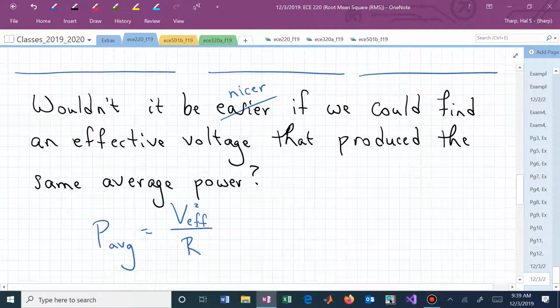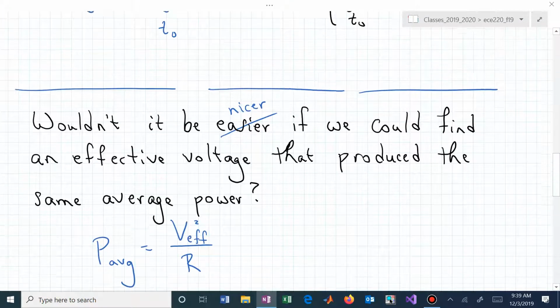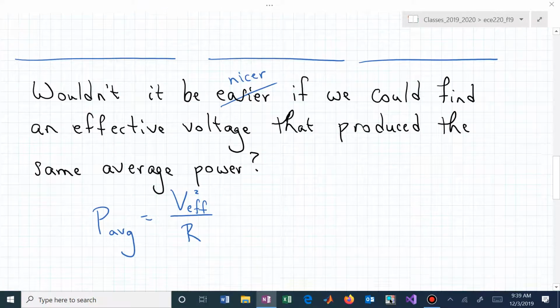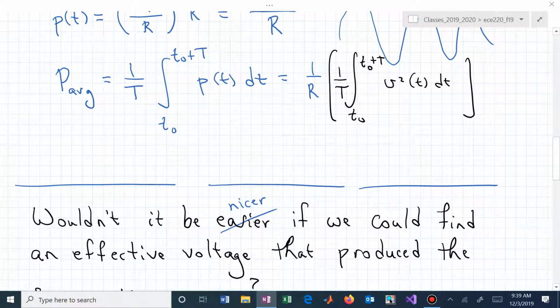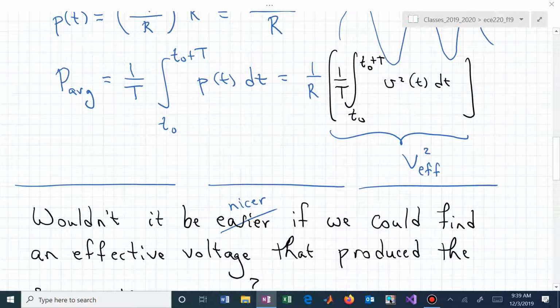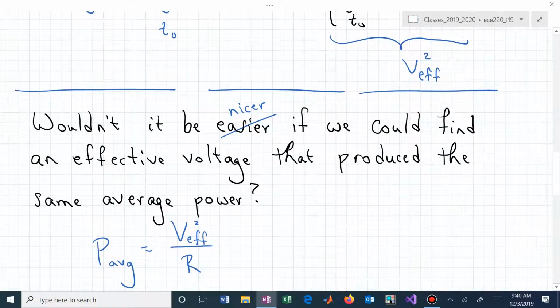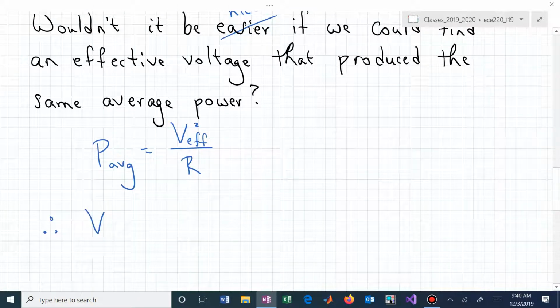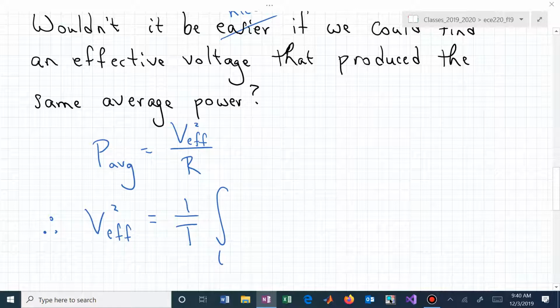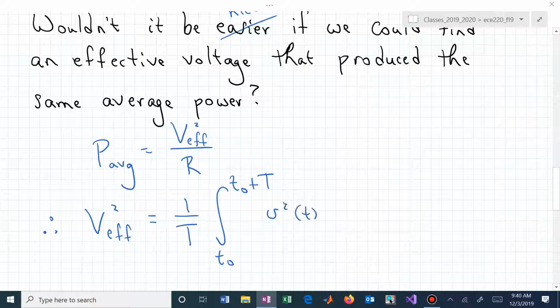which, if we compare this formula to that formula where the 1 over R has been factored out, do you see that what's in square brackets is what I'm now calling the effective voltage squared? So the effective voltage is what was in the square brackets, 1 over T, integral from t0 to t0 plus T, v squared of t dt.